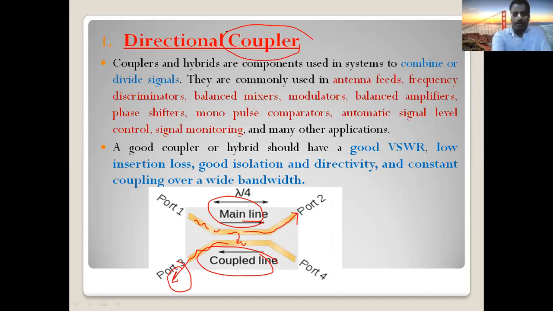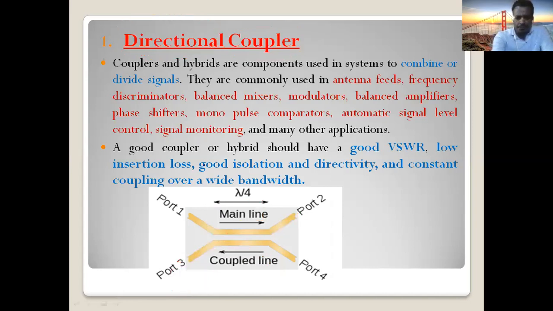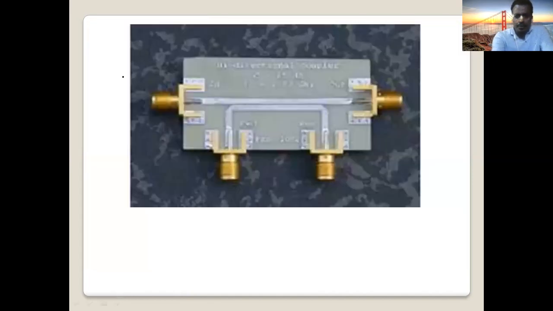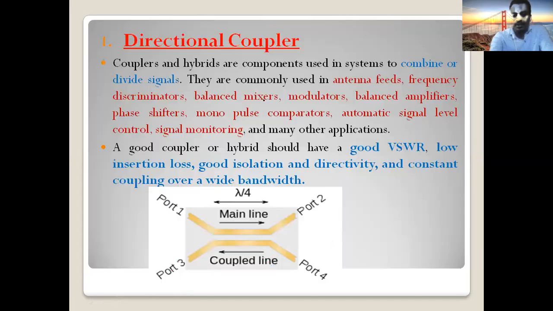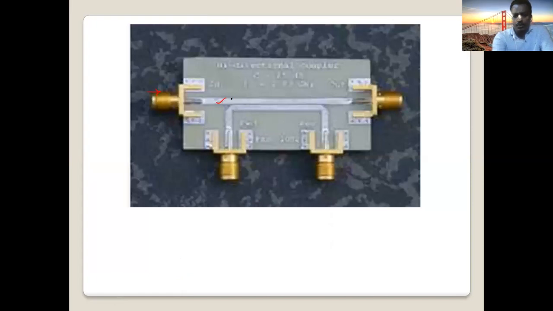But another very important thing is that these couplers are directional. So what does it mean by directional? When you apply a signal from this side, this is now our input, P1, input line. Here we have our first transmission line, the direct transmission line, the main line. So the signal transmits here directly from port 1 to port 2, this direction.